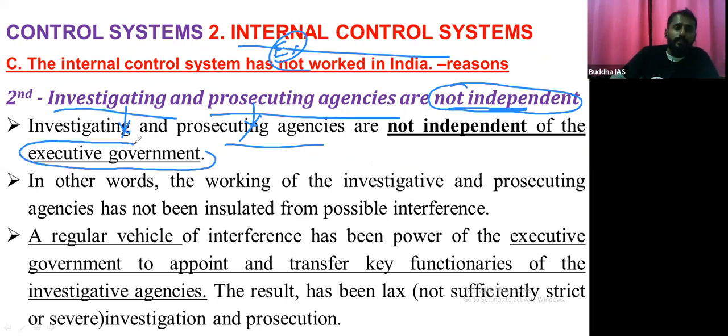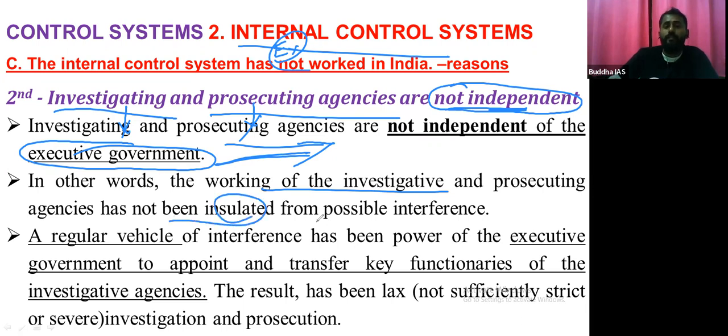It is the executive who has control over many important things, especially appointments. While appointing any anti-corruption body, they appoint those people who will support them in future. In other words, the working of investigative and prosecuting agencies has not been insulated from possible interference of the executive.